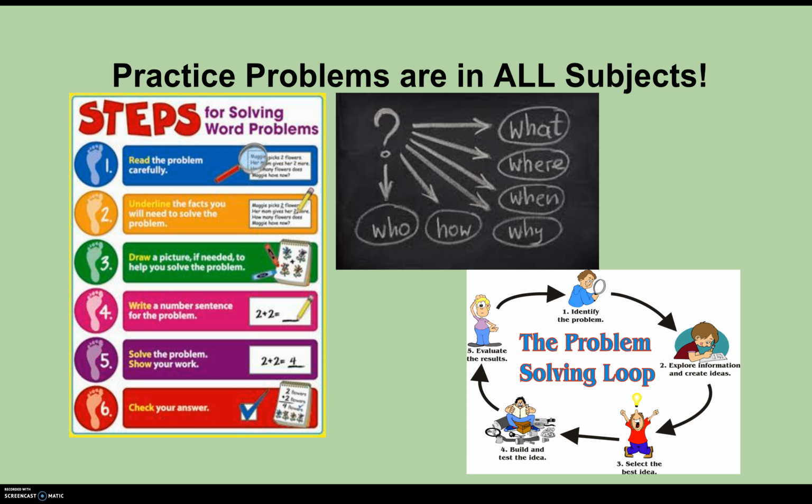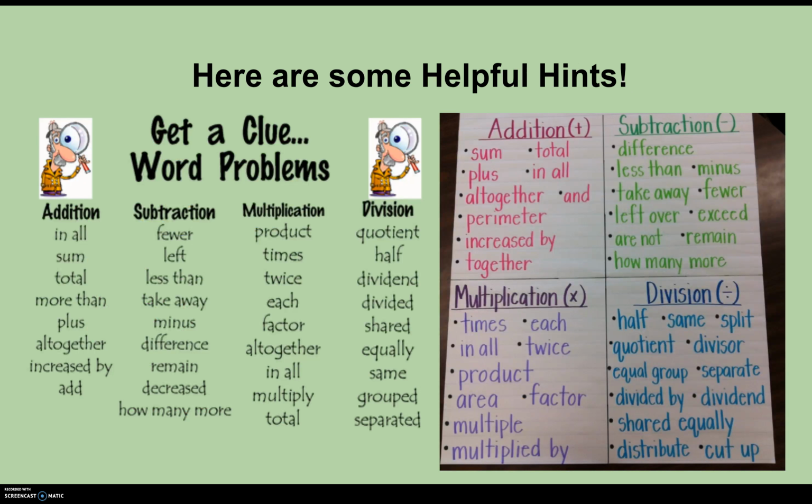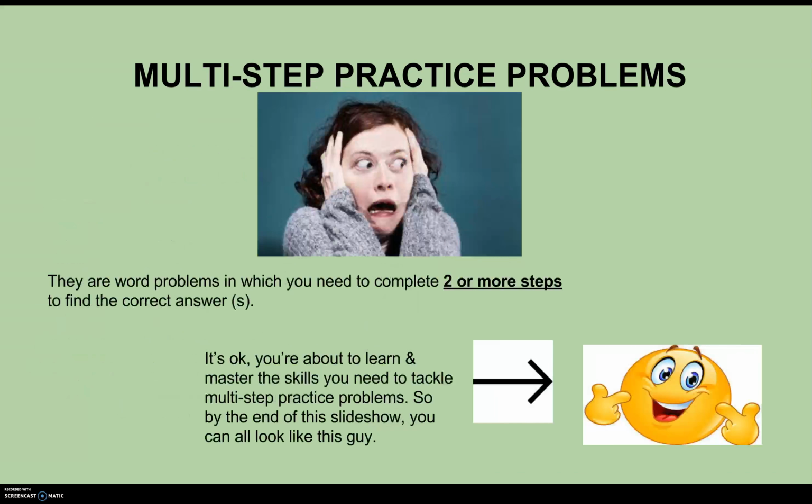Write a number sentence for the problem, solve the problem, but showing your work is a huge thing. And then go back through and check your answer. So this is more math and different things. It's just giving you helpful hints to solve word problems. Like when you're looking for maybe addition or something, you're looking for the sum, or subtraction is fewer, or multiplication is times. So sometimes there's word hints in what they're asking you.